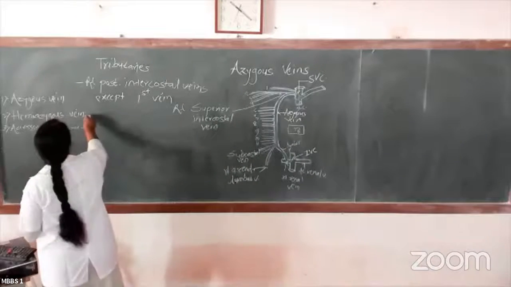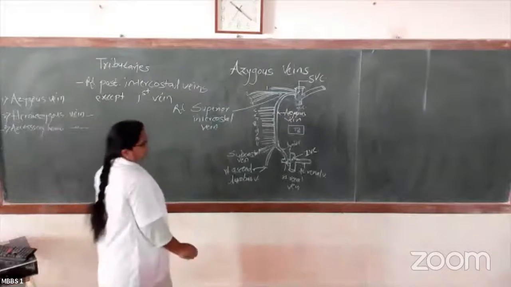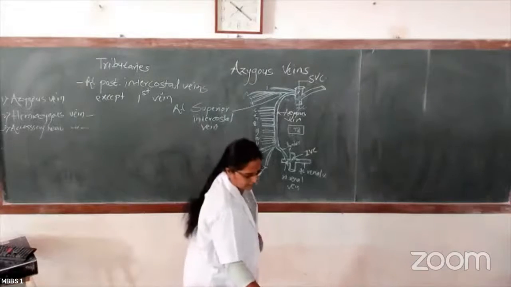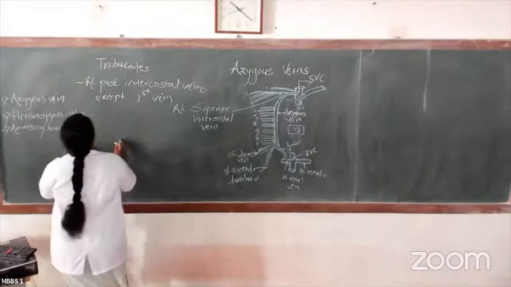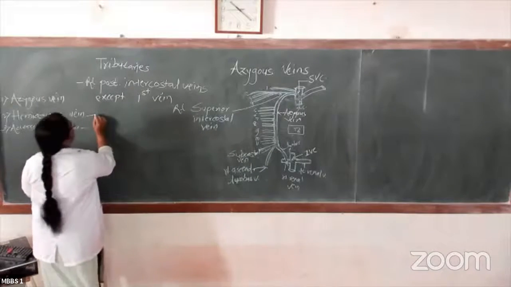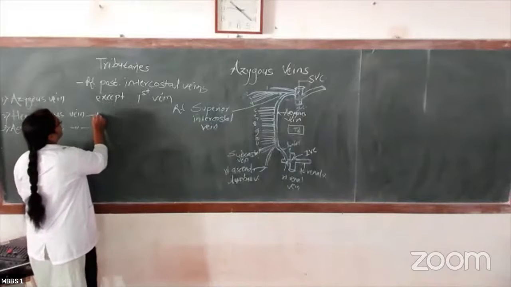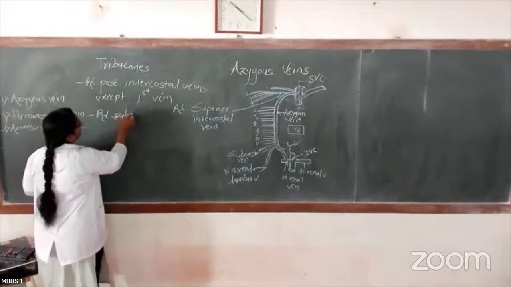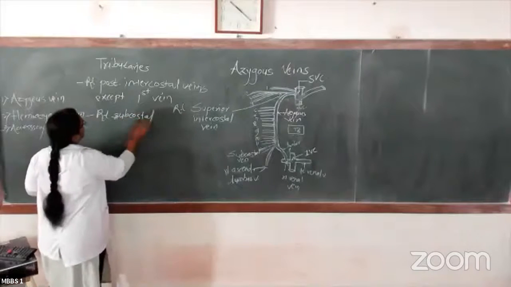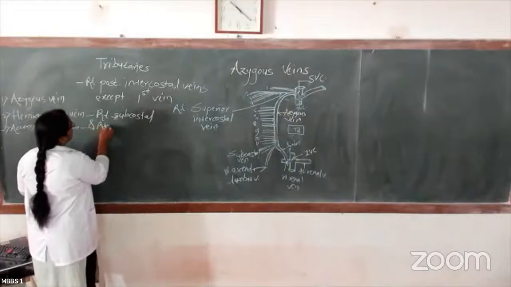Now the second tributary is the venous trunk, which is formed by the union of the right subcostal and right ascending lumbar vein.